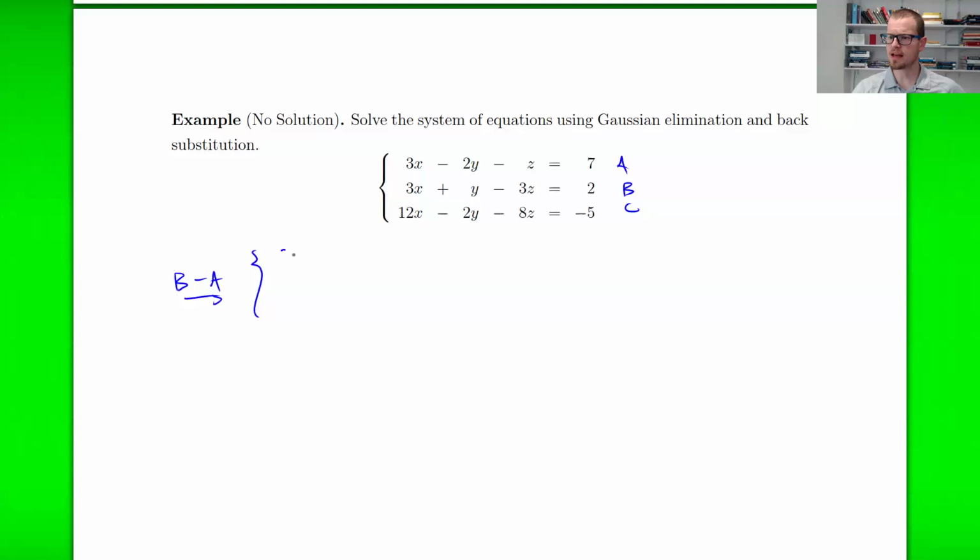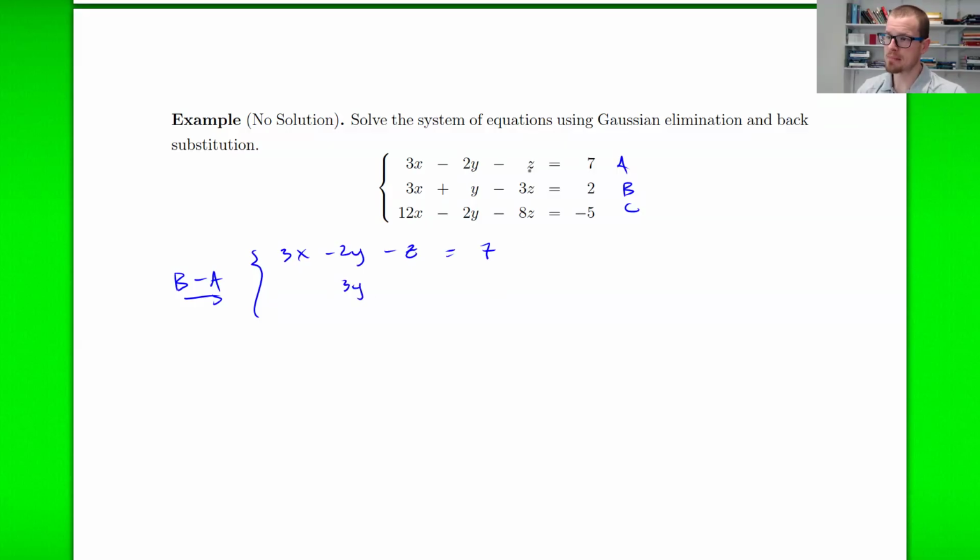Equation A stays the same as 3x minus 2y minus z is equal to 7. Equation B is the one that I am manipulating. 3x minus 3x gives me no more x's. Y minus a negative 2y is going to be y plus 2y, so that's 3y.